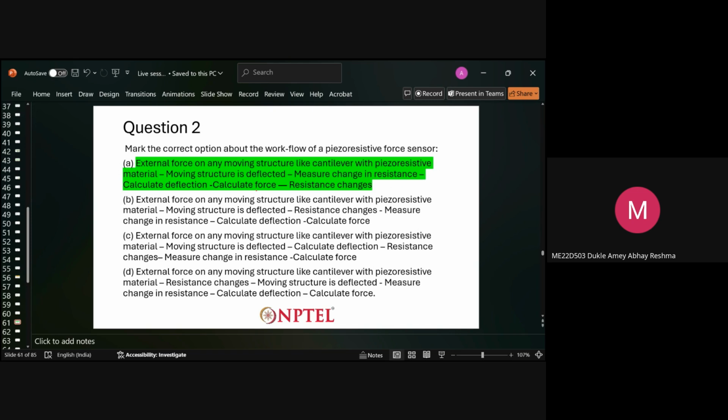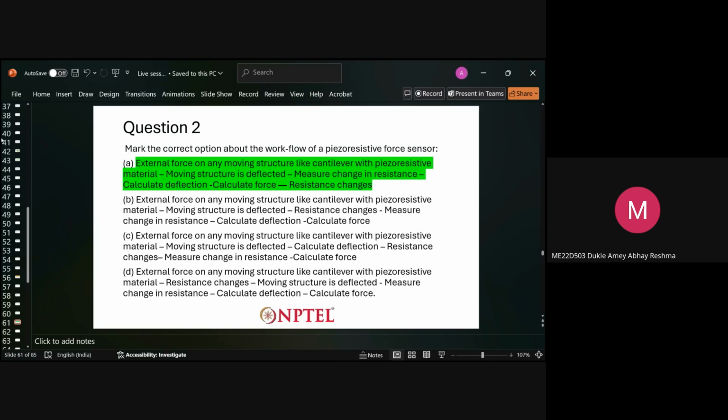So the answer is, you have the external force applied on the moving structure. The moving structure is deflected. Because of the deflection, there is a change in the resistance. Sorry, the answer I said is wrong.